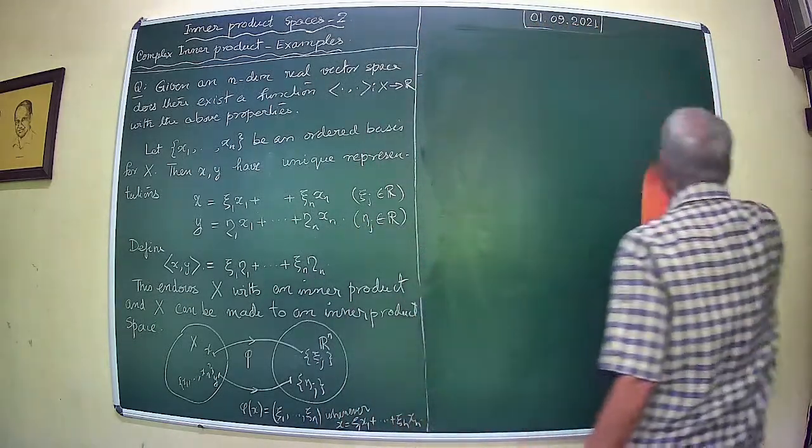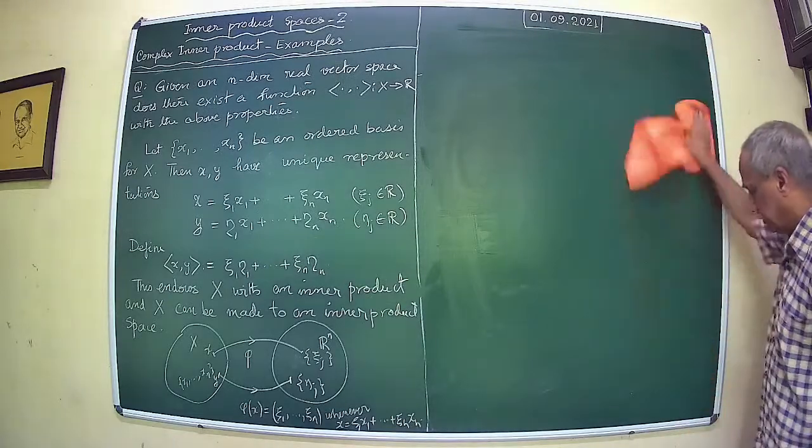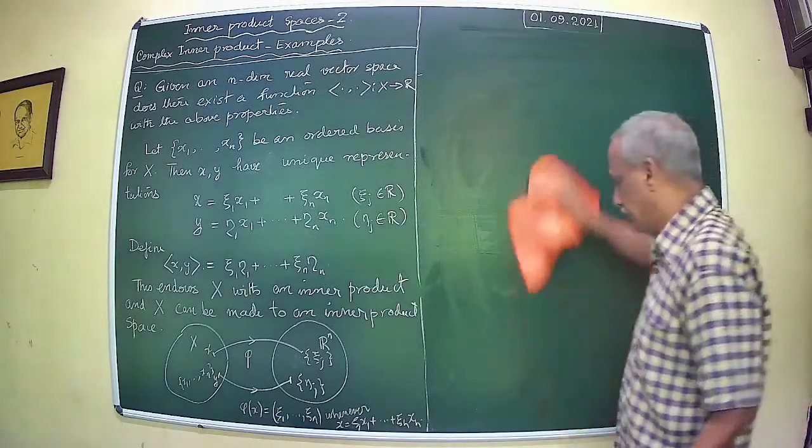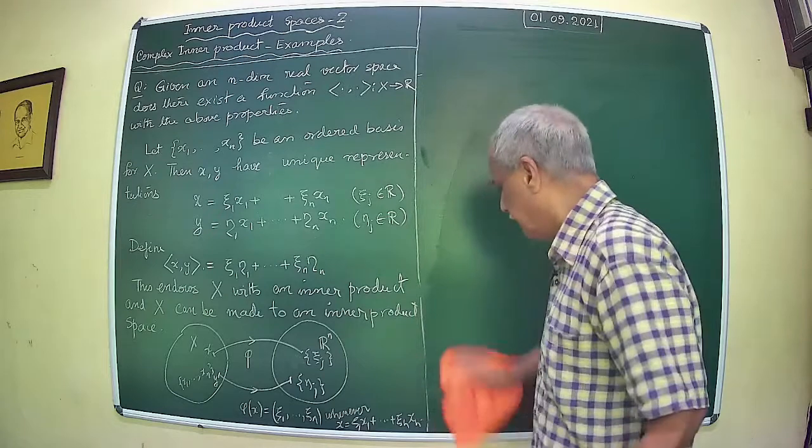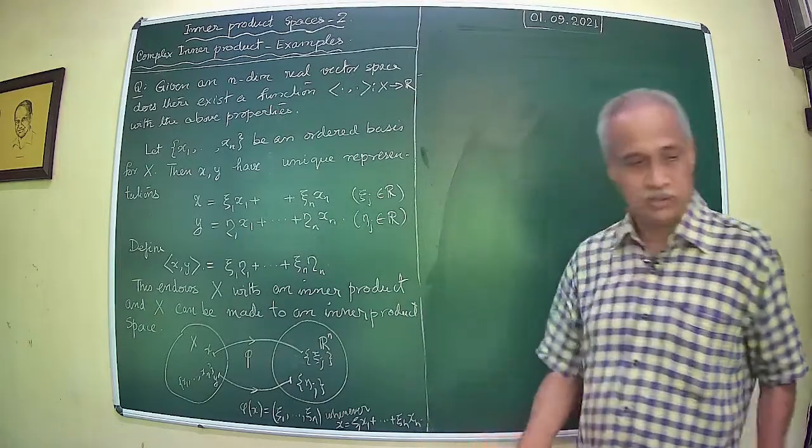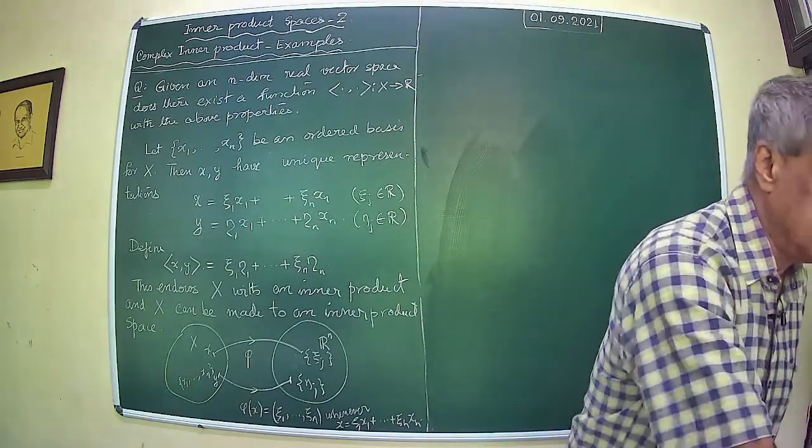The choice of the inner product on a finite dimensional vector space over R is not unique.